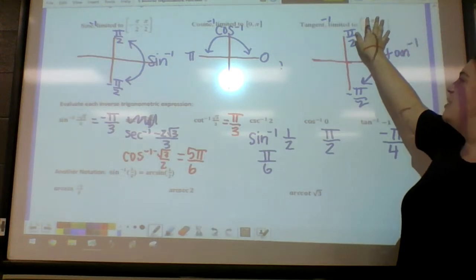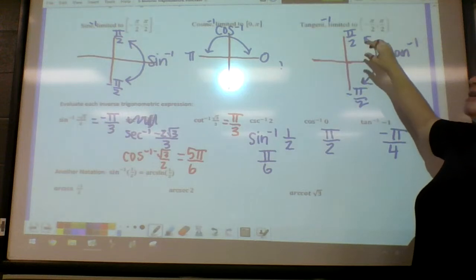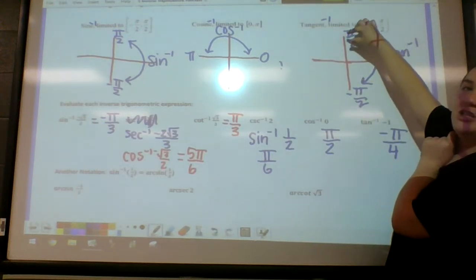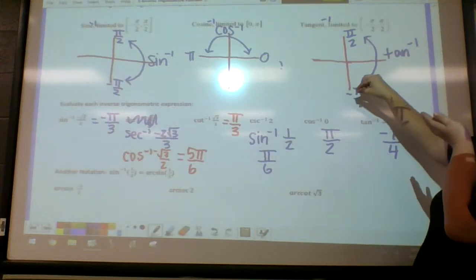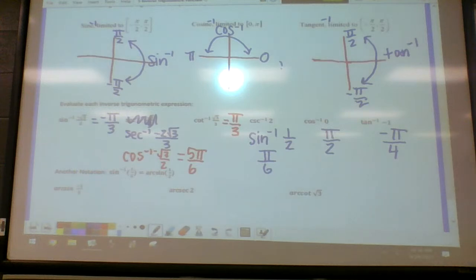And they don't pick this one and then go all the way around and have Q4 because there's a gap between those. So to keep them adjacent to each other, they go up to pi over 2, and then they're like, well, you can go this way and get negative pi over 2 and still include that entire quadrant. Okay. So it's not like, oh, it's this one, and then if you go from here to here, there's a huge gap happening. It's so that they're next to each other. Mm-hmm.